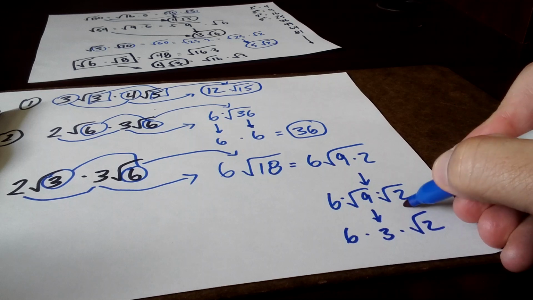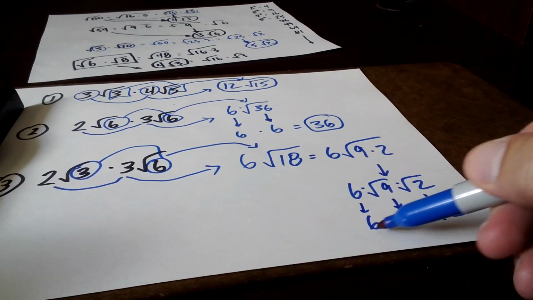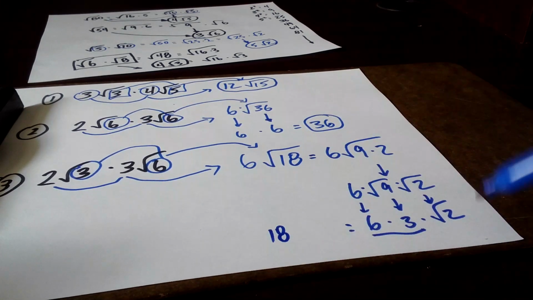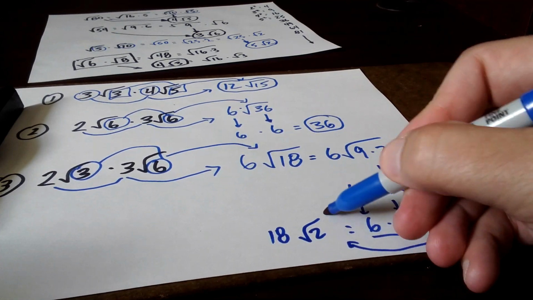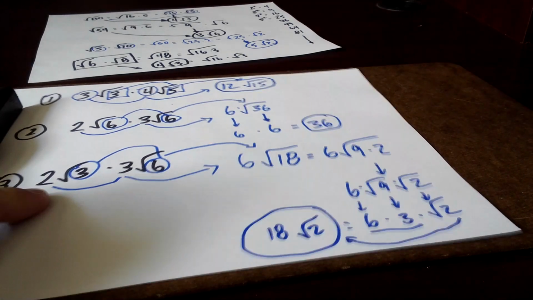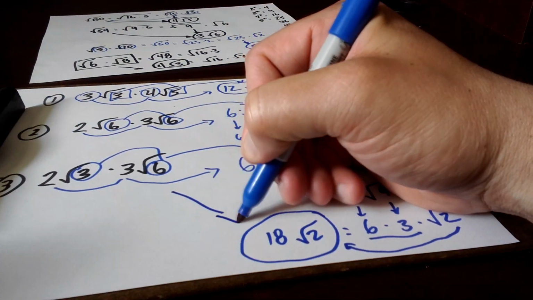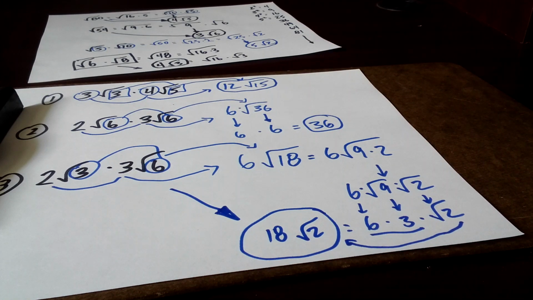And this is what we're left with. The radical 2 comes down, there's the 6. So what is 6 times 3? It is 18. I got to bring that radical 2 over here, and that's our answer. So 2 radical 3 times 3 radical 6 simplifies to 18 square root of 2.